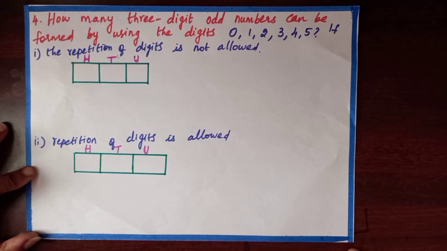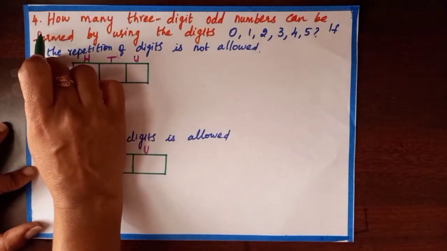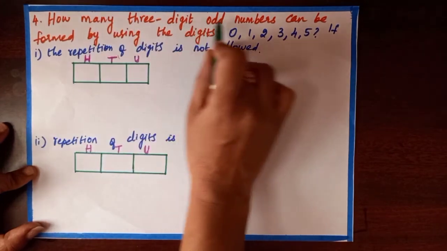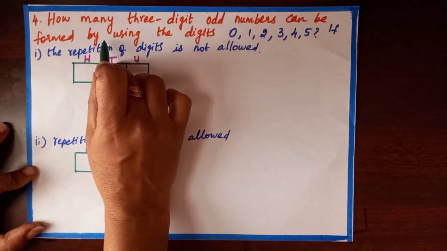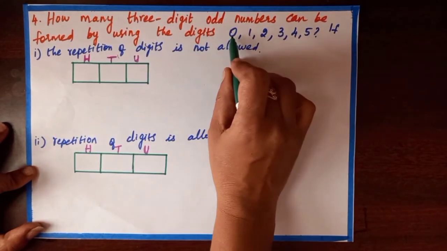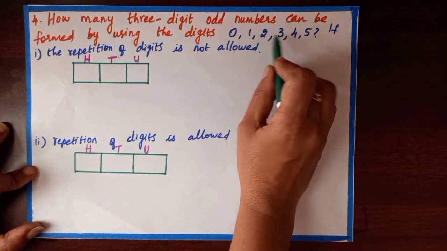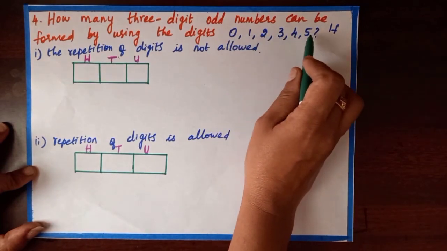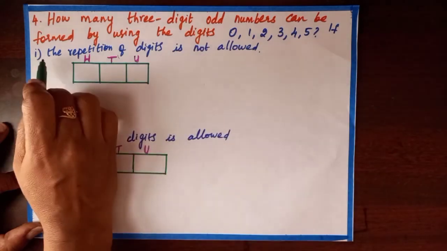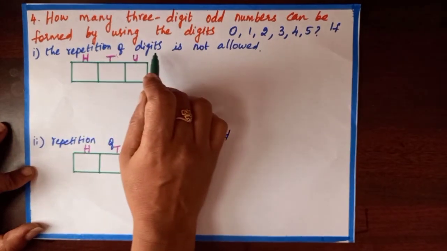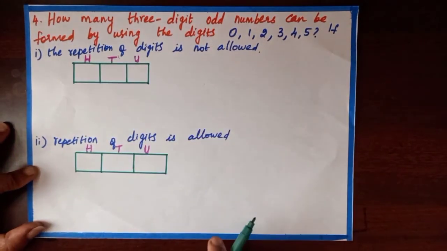Now, we will continue the exercise problems. Question number 4. How many 3-digit odd numbers can be formed by using the digits 0, 1, 2, 3, 4, 5? First subdivision: repetition of the digit is not allowed.